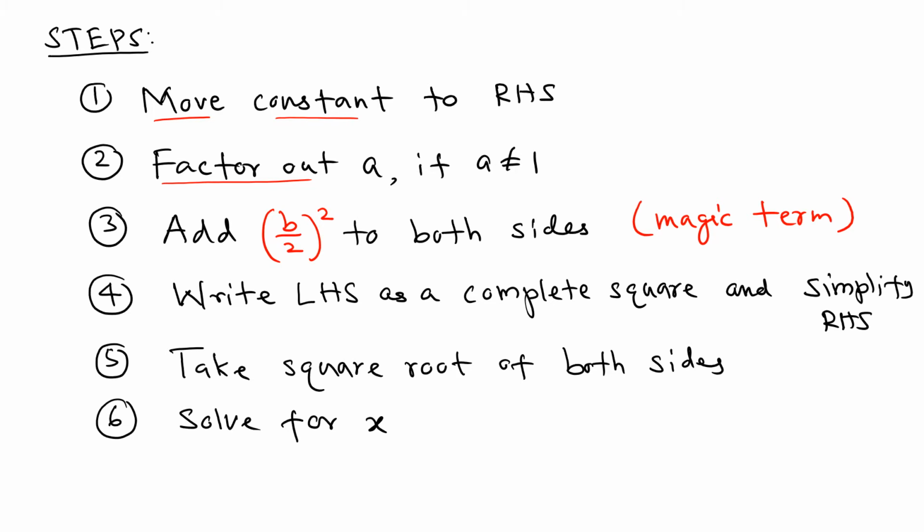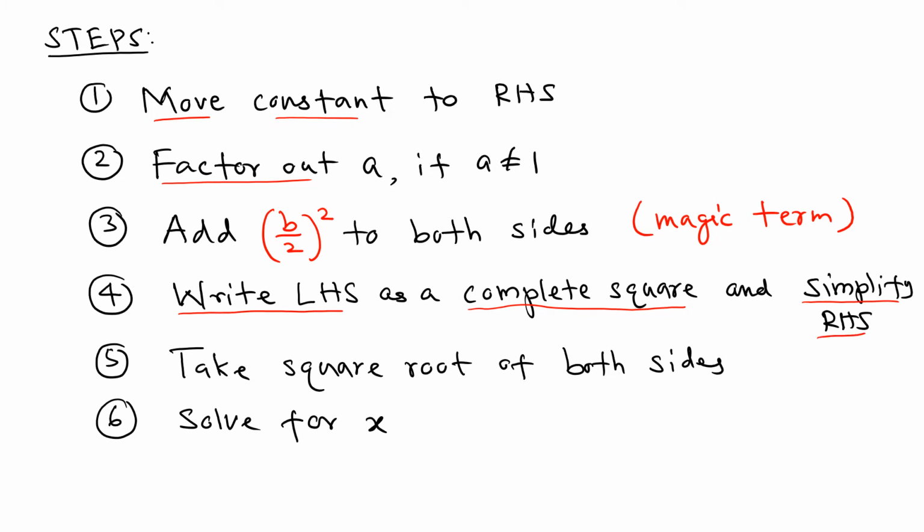And then write the left hand side as a complete square, because that always happens when you add the b over 2 squared term. And then also simplify the right hand side.